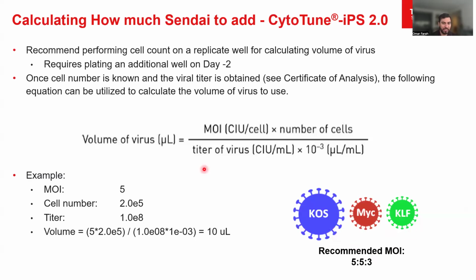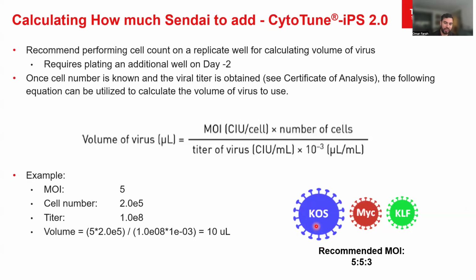So the easiest way to do this is to take your recommended MOI, in this case, our 5-5-3, and we're going to use this particular equation to calculate the amount of virus we're going to be adding for each of those 3 vectors, right? So let's take the first one, for example.